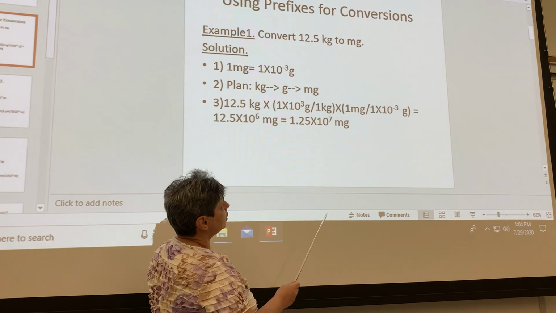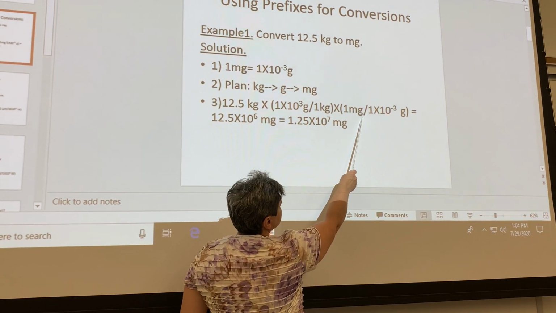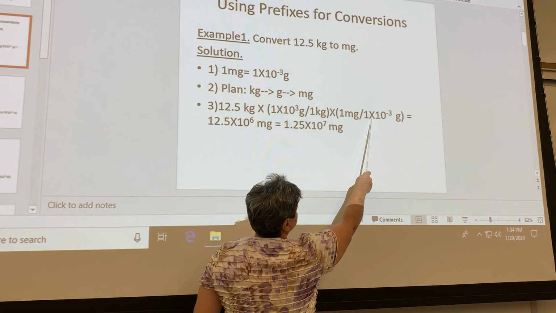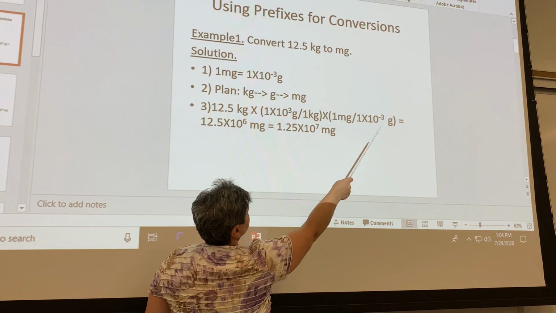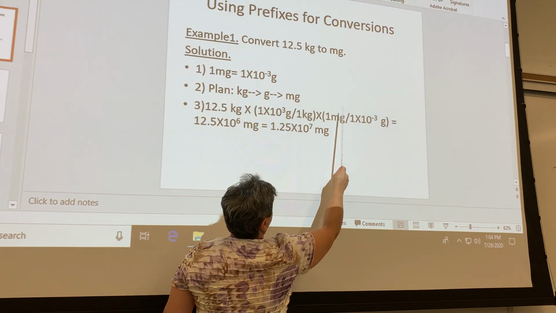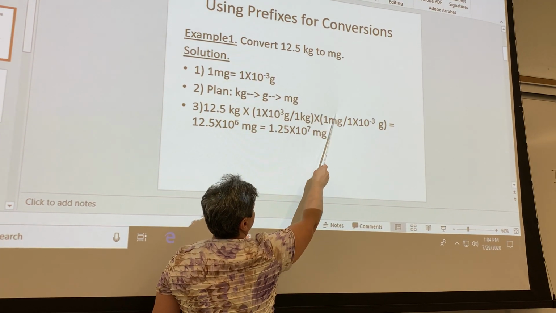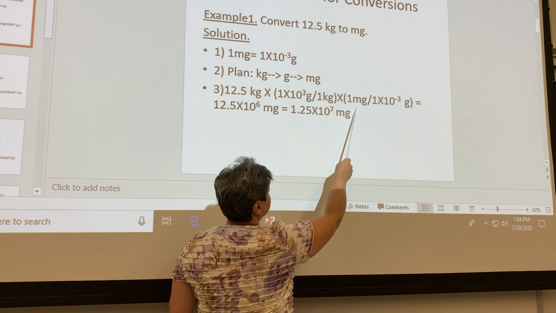Again, the big question is, why is 1 milligram on top and 1 times 10 to the negative third on the bottom? Well, in this case, I want to get rid of grams and keep my milligrams as the unit of my final answer.